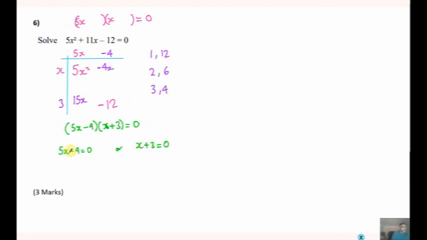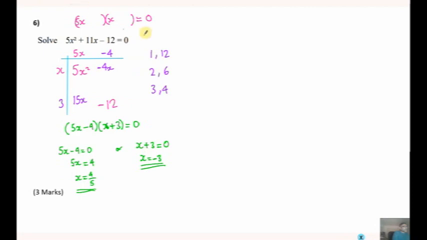And if you solve those using just the normal linear method of solving equations, so add 4 to both sides, and then divide both sides by 5, we get x equals 4/5. So that's one of the solutions. Or in this case, if x plus 3 equals 0, move the 3 to the other side, so we get x equals minus 3. So that's one way of factorizing it.